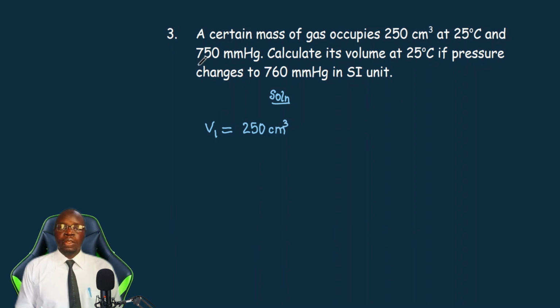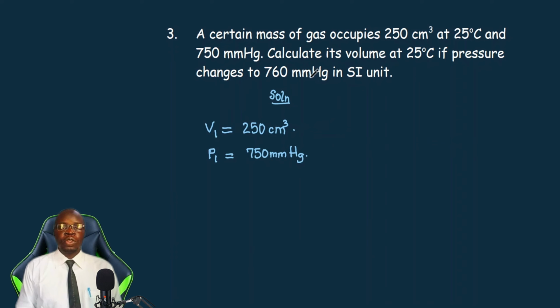And 750 millimeter of mercury becomes our pressure number 1, and we can also record it down here. 750 millimeters of mercury. Now calculate its volume at the same temperature here.